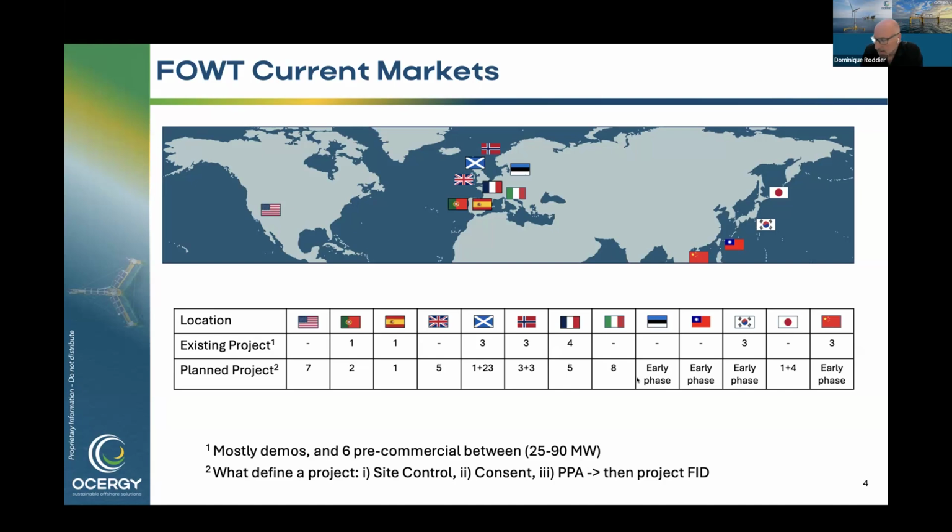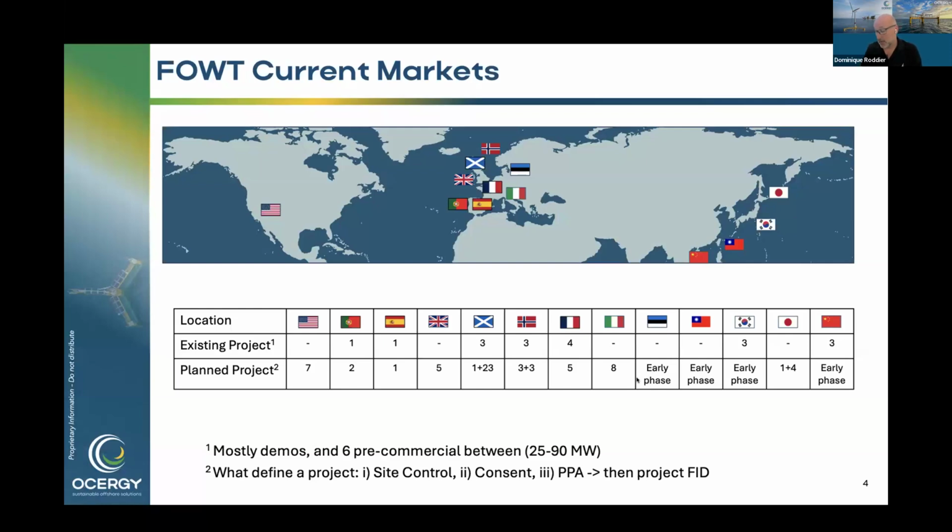Overall, a project can take anywhere between, I think the fastest we've done was the Windfloat pilot in 3 years, to EFGL that's been installed right now. So for comparison, there was a project that was awarded site control in 2016. So 9 years for a project like that. A nuclear power plant in the US is about 10 years.